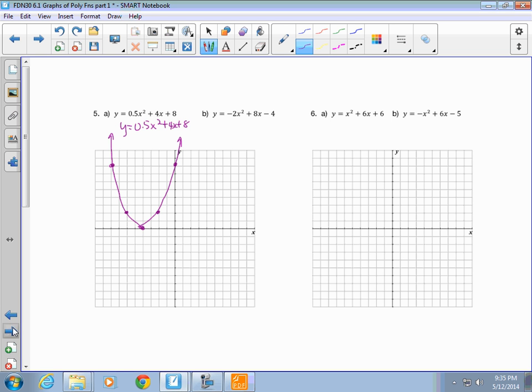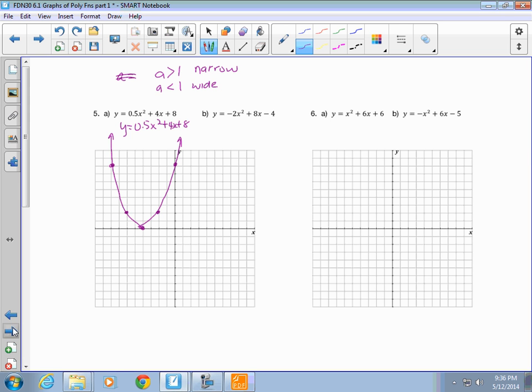Next, y is equal to negative 2x squared plus 8x minus 4. So if you remember from our a values before, if the absolute value of a is greater than 1, you have a narrow graph. And if a is less than 1, you have a wider graph.